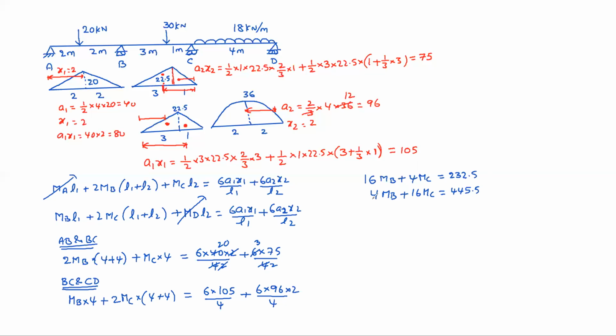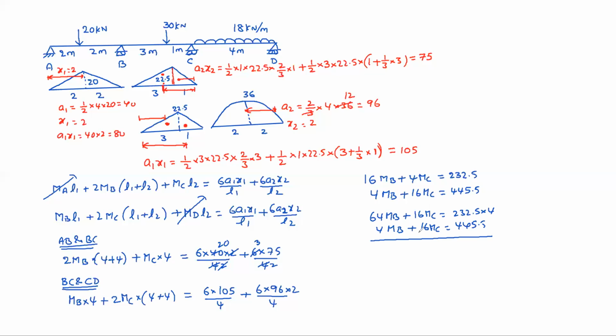Just divide these equations: first equation multiply with 4. 64 MB plus 16 MC equals, multiplying with 4, 232.5 into 4. This one, 4 MB plus 16 MC equals 445.5.